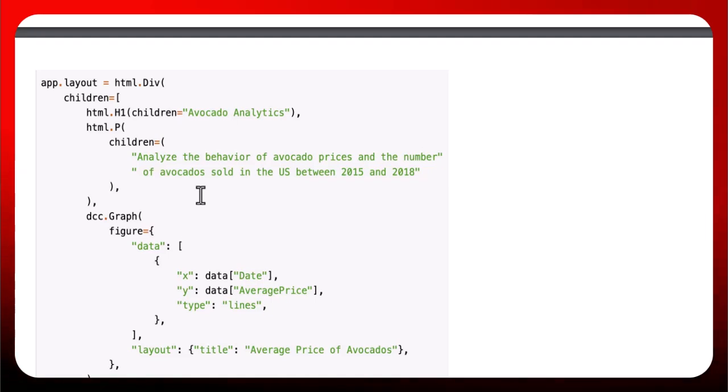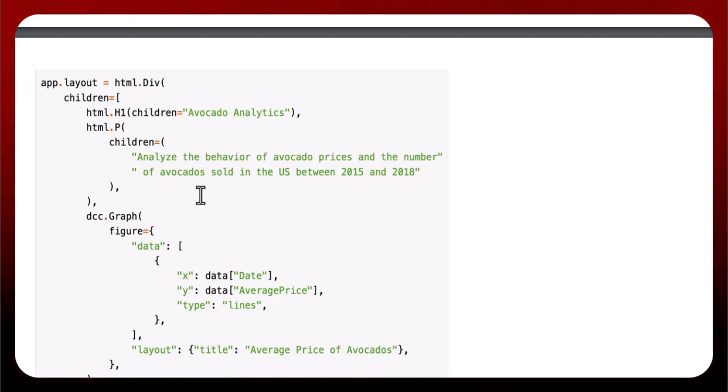The heading is avocado analytics. Okay, the paragraph is going to be analyzing the behavior of avocado prices and the number of avocados sold in the US between 2015 and 2018.